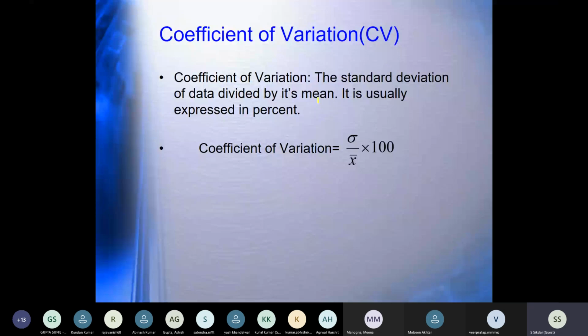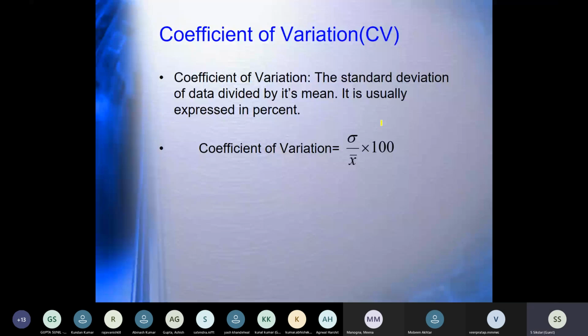So a sigma is the standard deviation, and if you divide by the mean, you get the coefficient of variation, expressed in percent. So if you multiply it by 100, then you get how much percentage.